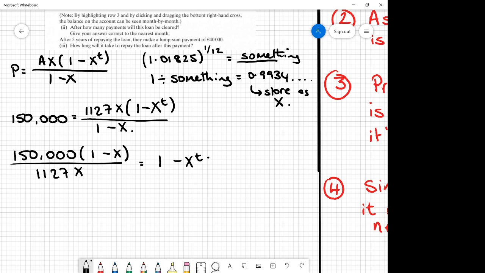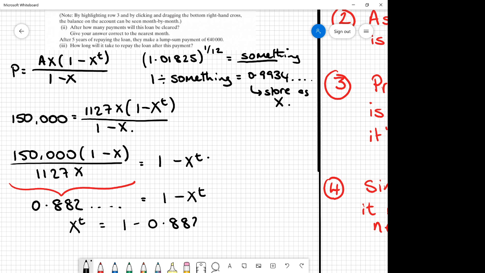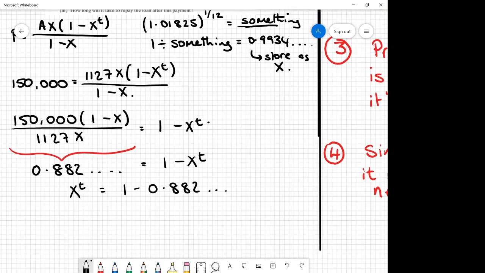If we calculate out the left-hand side here, the 150,000 divided by etc., this all turns into 0.882 something something something. That's equal to our 1 minus x to the power of t. So we have x to the power of t is equal to 1 minus 0.882, and so on.